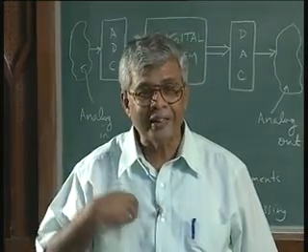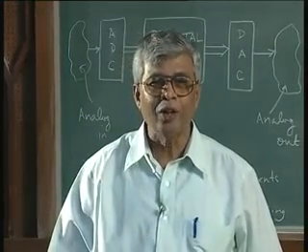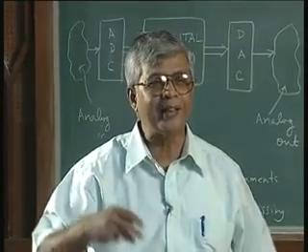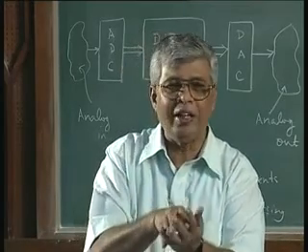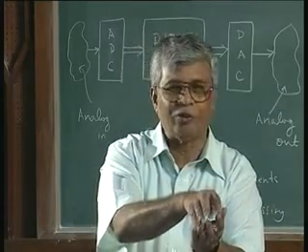So when you are thinking of digital system design, we are going to see how to build these systems and control them in a way that we get the desired performance out of them.